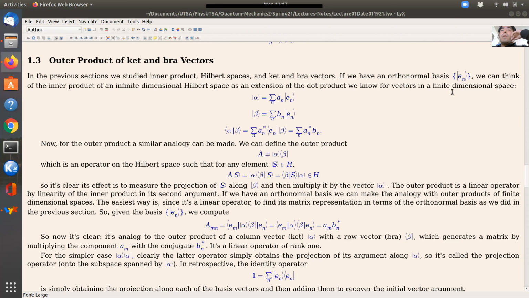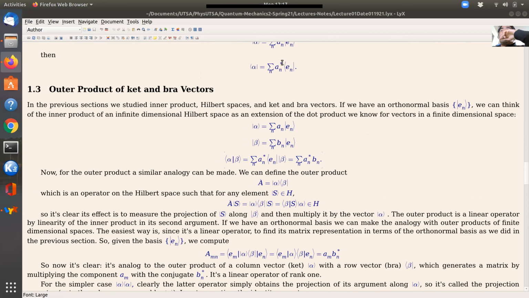So what does this mean? Well, we have alpha like this, beta like this. The inner product of alpha and beta is the sum, by using the expansion, basically multiplying, using the dual, of course, with beta. And then by definition, this is Vn.